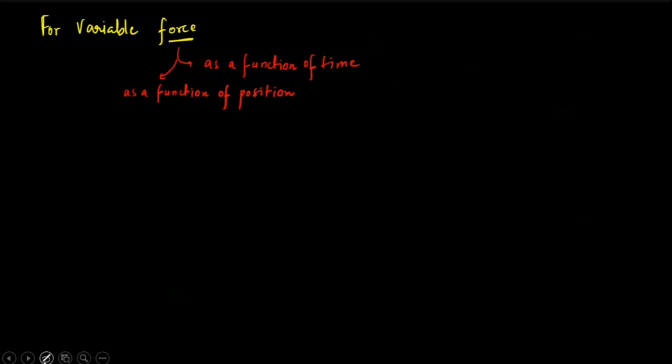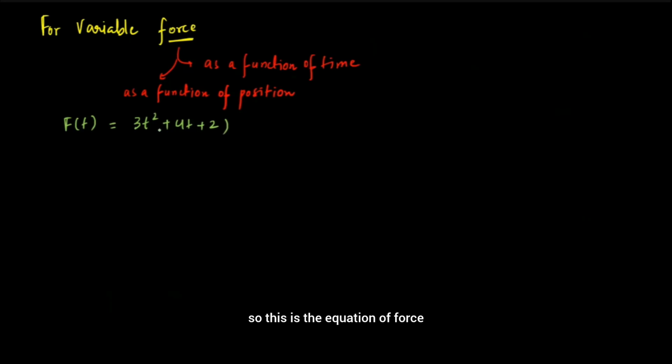For example, suppose the equation of force is given as a function of time, I'm assuming. So it is given as 3t square plus 4t plus 2. This is the equation of force which is variable, and it is representing that it is changing as time changes. Similarly, if force is a function of position, we can have the same situation here as well.